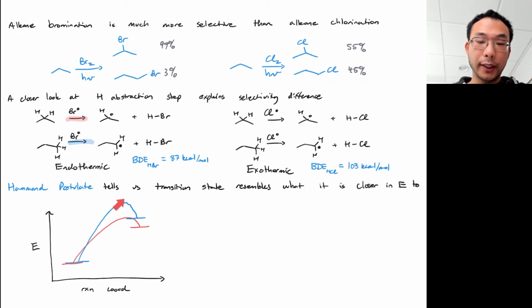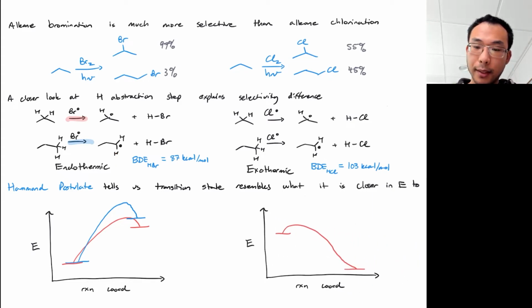Therefore, the structure is going to look more like the products, and it's going to be located more to the right. So this peak is going to be more to the right on my reaction coordinate diagram. Overall, that tells me this transition state will look like a primary radical in the blue case, and like a secondary radical in the red case. So I should have this difference in energy: the blue transition state should be higher in energy because it looks like the primary radical, which is less stable.